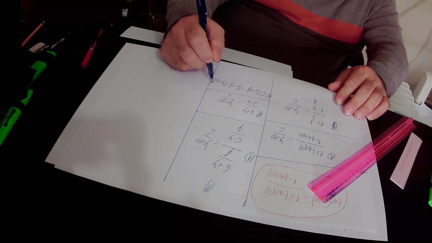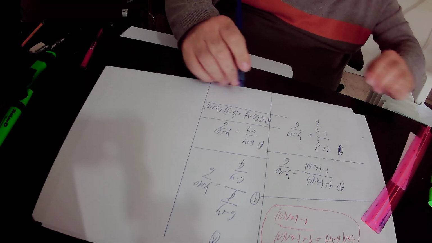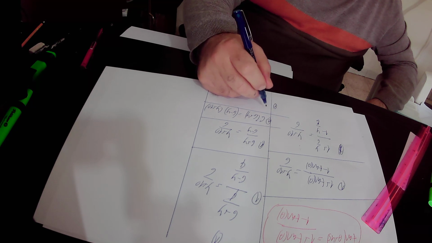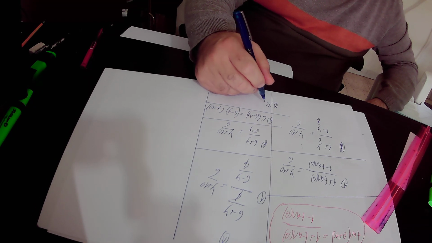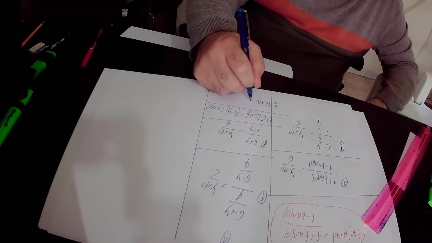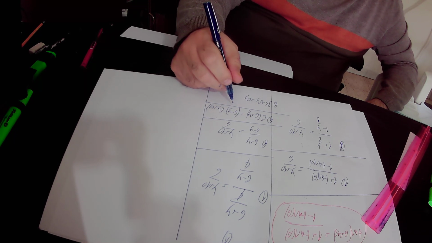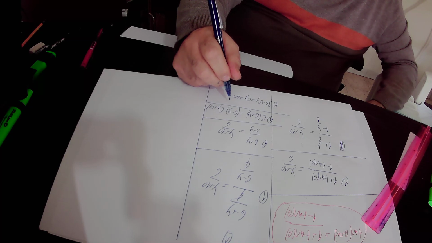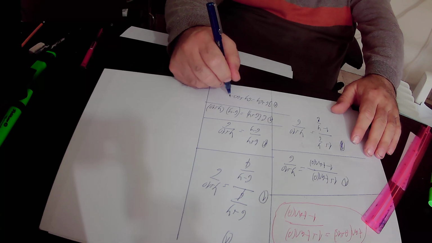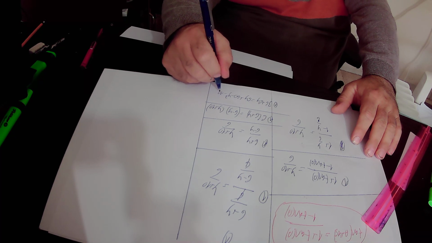Here we will open the brackets on both sides of equation number 1, and we will get 6 times 6 is 36, plus 6 times y is 6y, and it is equal to 6y, plus 6 times 10 is 60, minus y times y is minus y squared, minus y times 10 is minus 10y.